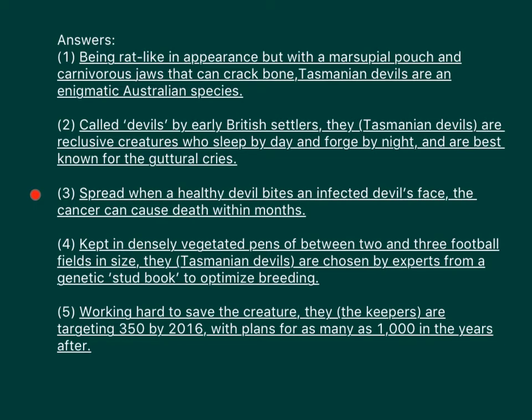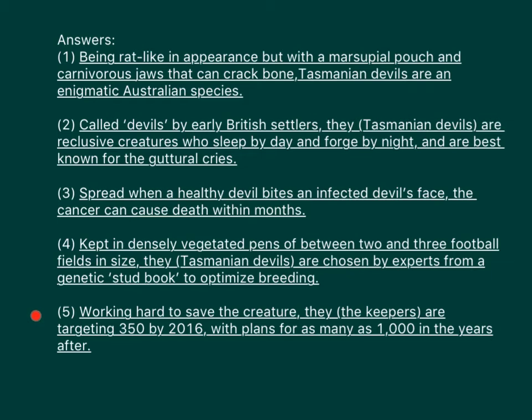Number 3. Spread when a healthy devil bites an infected devil's face, the cancer can cause death within months. Number 4. Kept in densely vegetated pens of between 2 and 3 football fields in size, they, Tasmanian devils, are chosen by experts from a genetic stud book to optimize breeding.